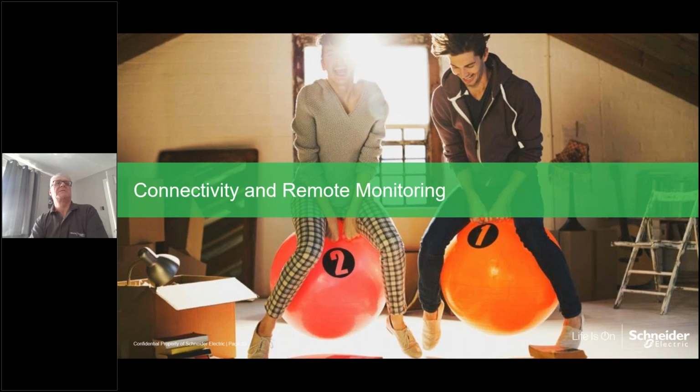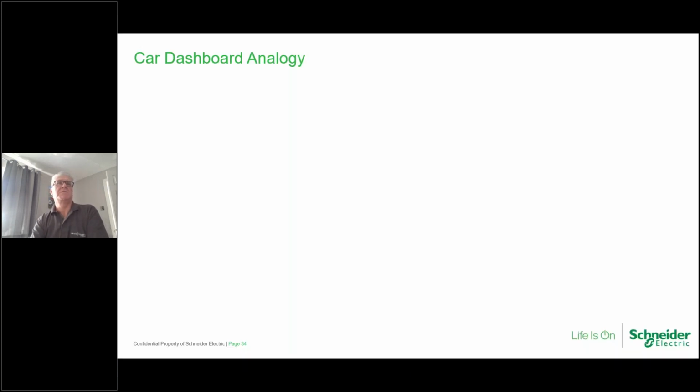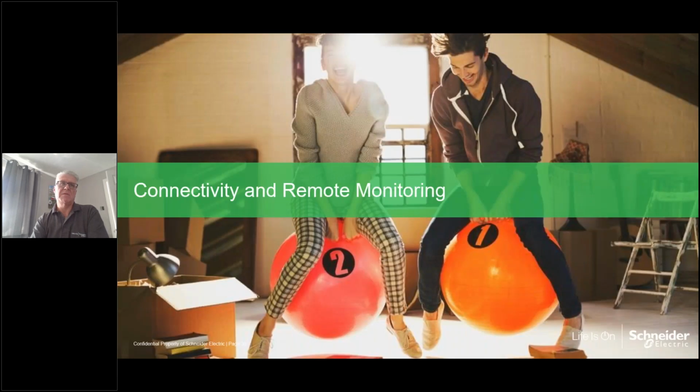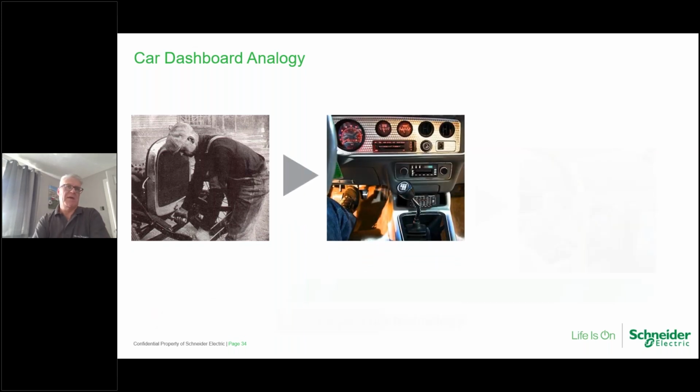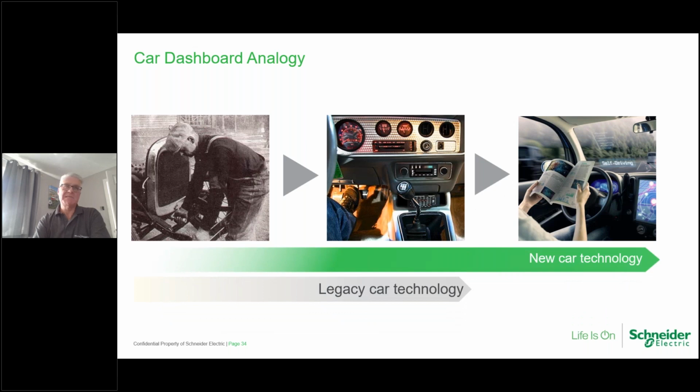Last thing I think on this slide, as we draw to an end, is connectivity and remote monitoring. It's important that we have visibility on what's happening to the UPS. If we use this legacy car technology, this guy who started his car back in 1900 whenever, how did he know it was running?